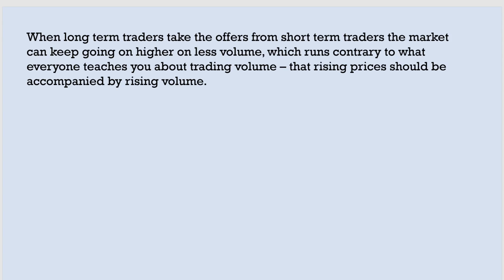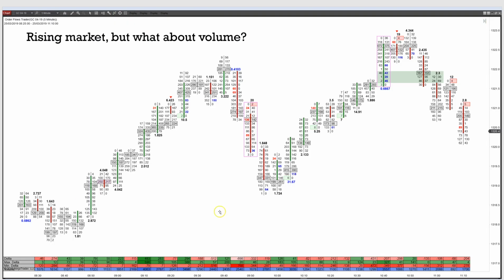Now, when long-term traders take the offers from short-term traders, the market can keep going higher on less volume. Now remember, everyone says rising prices should be accompanied by rising volume, right? Dow theory states that a bullish sign of the market is higher prices with higher volume, but not always.